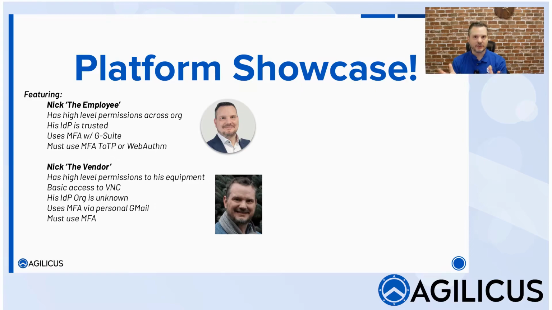Let's look at the second role here. Let's call him Nick the vendor. Nick the vendor does not work for the organization, but his company has sold equipment into that organization, and he's responsible to do remote access. He's previously done truck rolls, being fairly costly to just move, or with the displacement to go on site and access the device that he would much rather use remotely.